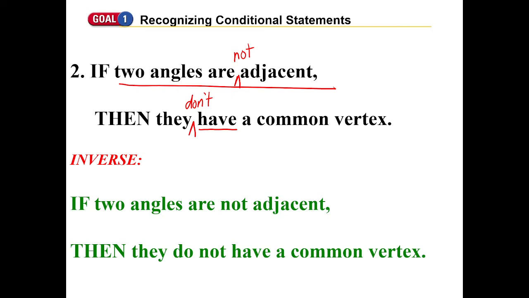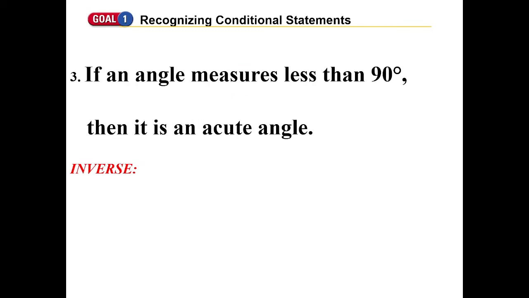Okay? Now, example number 3 ta. If an angle measures less than 90 degrees, then it is an acute angle. Ang verb nato measures ug is. Unsay mahitabo ni measures? Singular na. Very good.